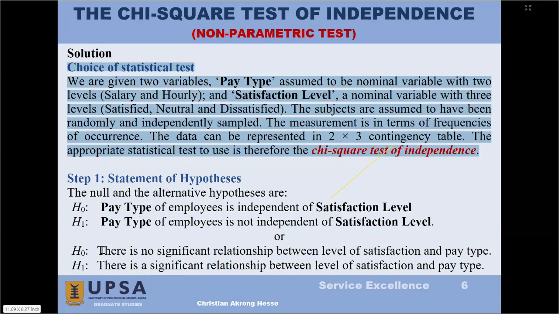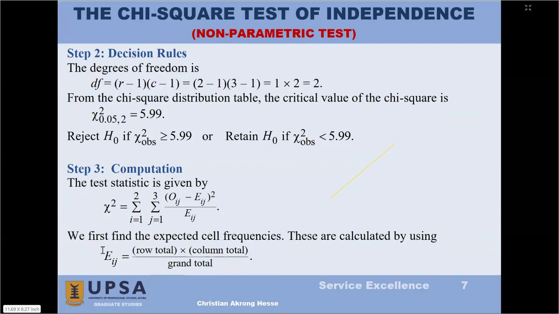So that's step 1. What is step 2? Decision rule. Here, there's nothing like one-tail test and two-tail test for this test. The degrees of freedom is the number of rows minus 1 times the number of columns minus 1.